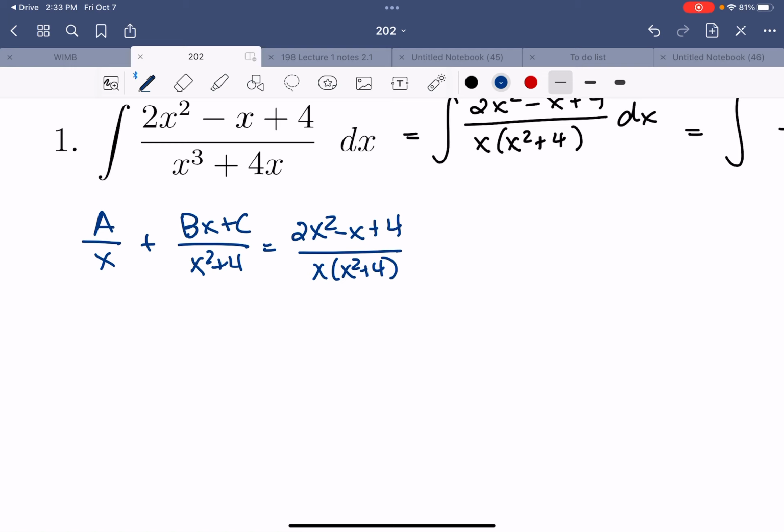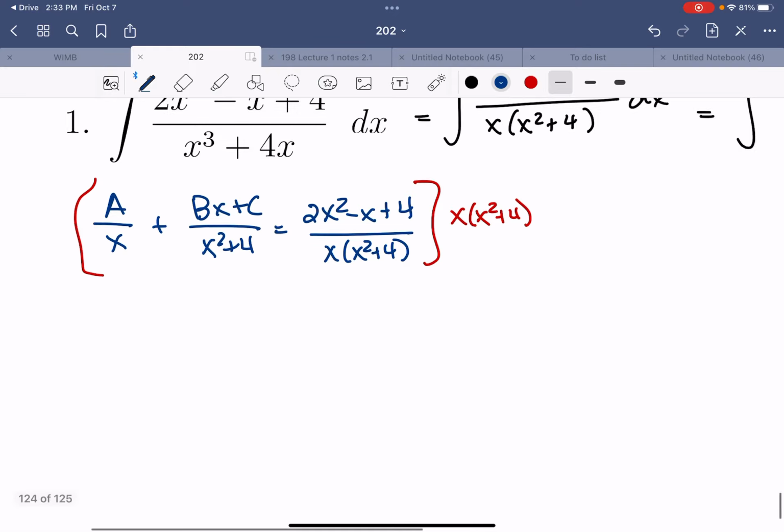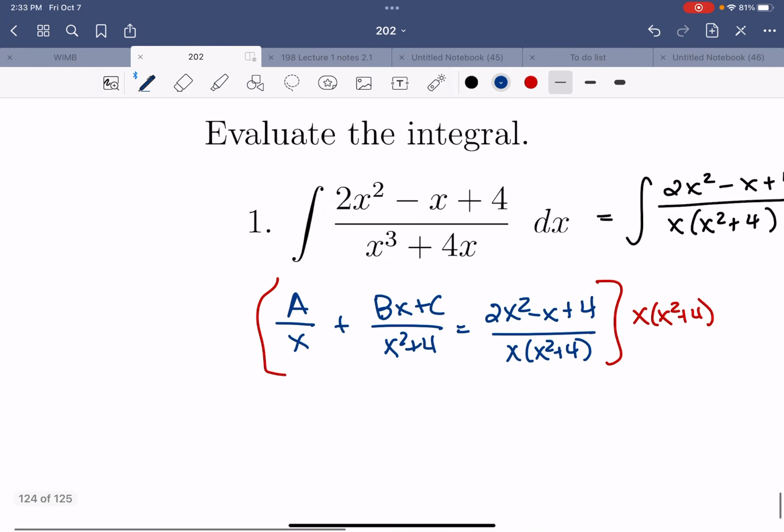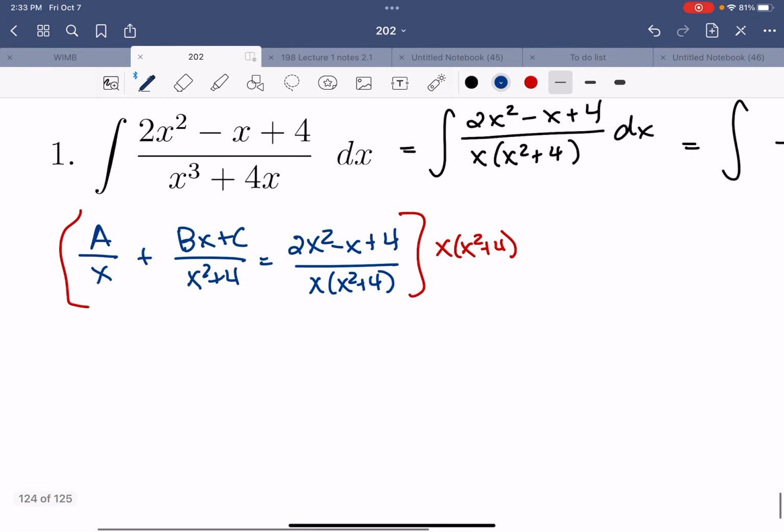Okay, so in order to solve this, we want to clear out the denominator, so multiply everything by x times x squared plus 4. And when you do that, you cancel out the x in the first term, and so you have, whoa, sorry about that. There we are. You will have the x's cancel, and we will have a times x squared plus 4.